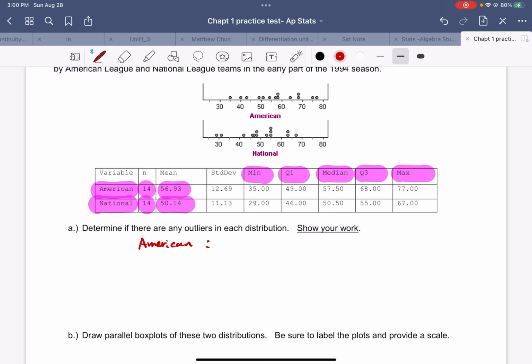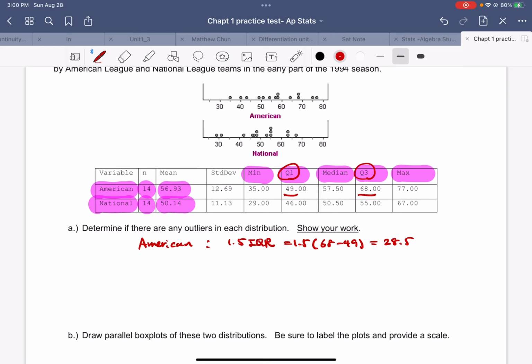The way to do it is 1.5 times the interquartile range, which is the third quartile minus the first quartile. So for the American League, 68 minus 49, which is 19, and 1.5 times that is 28.5.